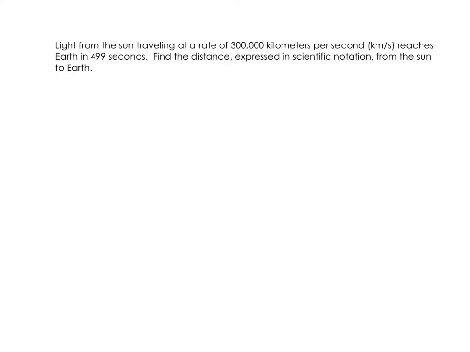Light from the sun traveling at a rate of 300,000 kilometers per second reaches Earth in 499 seconds. Find the distance expressed in scientific notation from the sun to the Earth. Now we know that distance is rate times time.